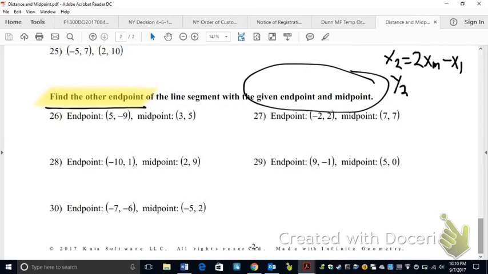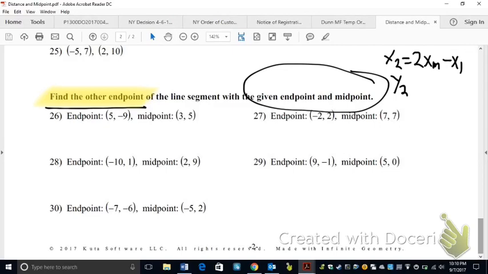And remember, from before when we had those endpoints, they were x1, y1, x2, y2. So what we're going to do is label the endpoint we've got as x1, y1, and the endpoint we're looking for as x2, y2.